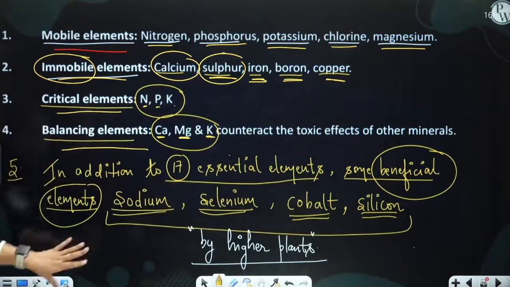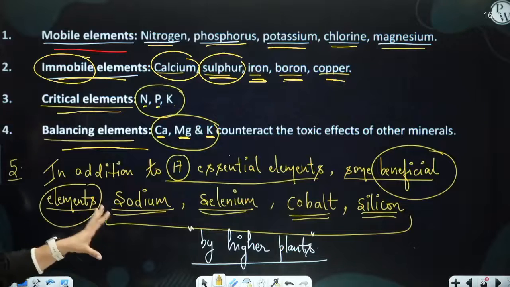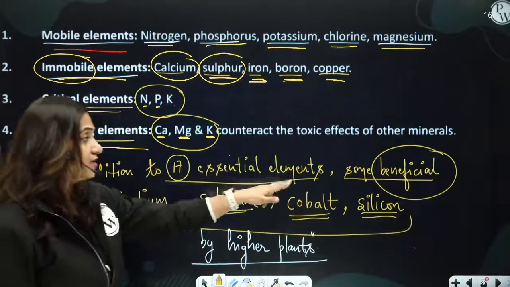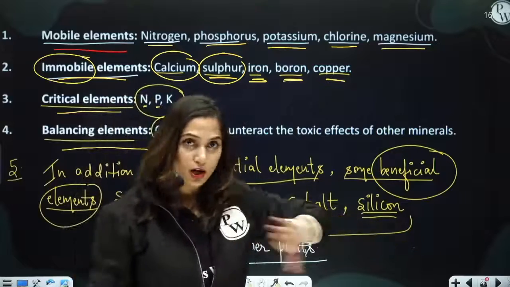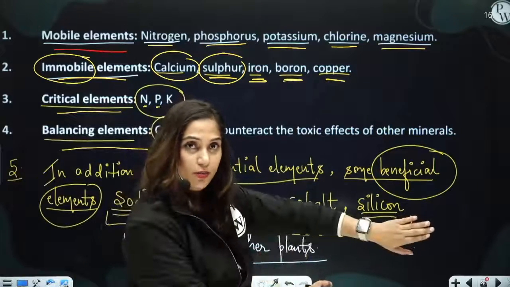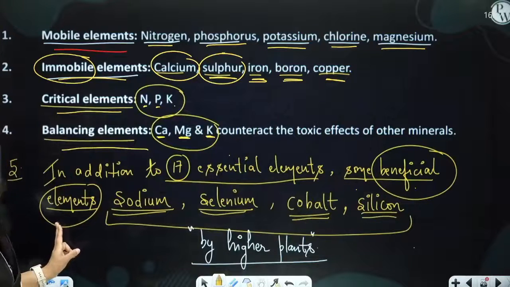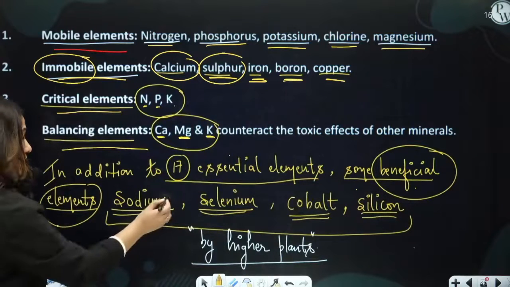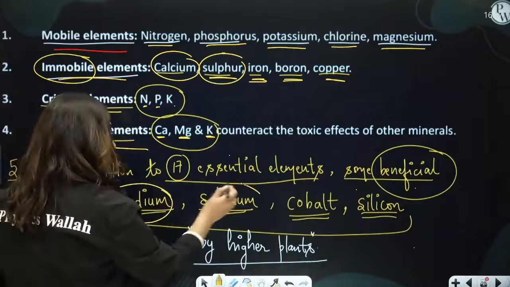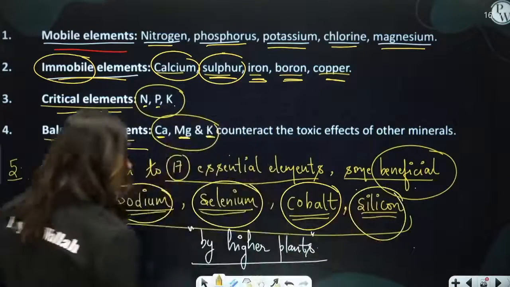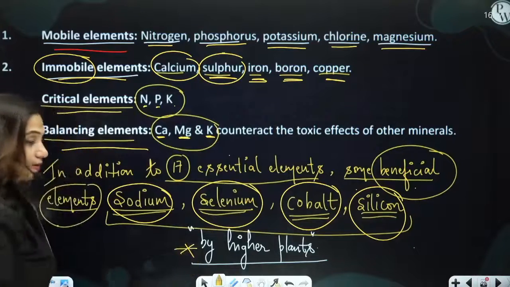Okay, now this is the line of NCERT. Read this along with me. In addition to 17 essential elements, some beneficial elements like sodium, selenium, cobalt, silicon are needed by higher plants.